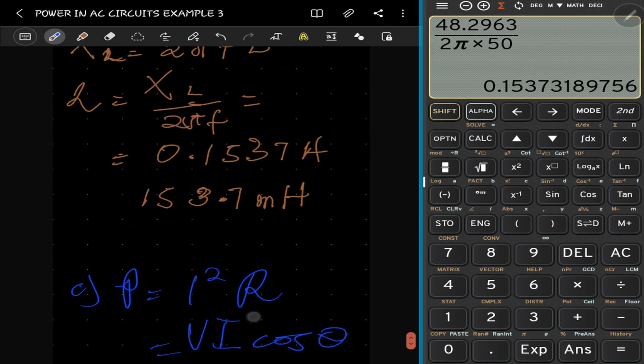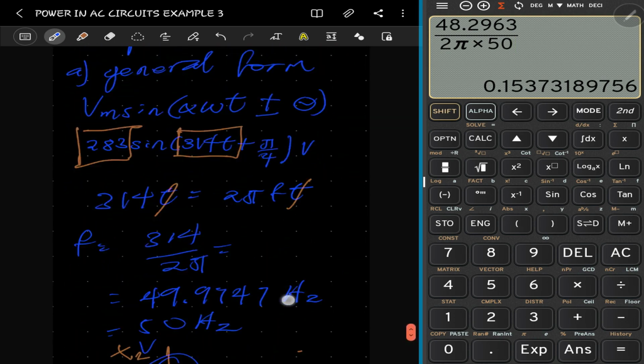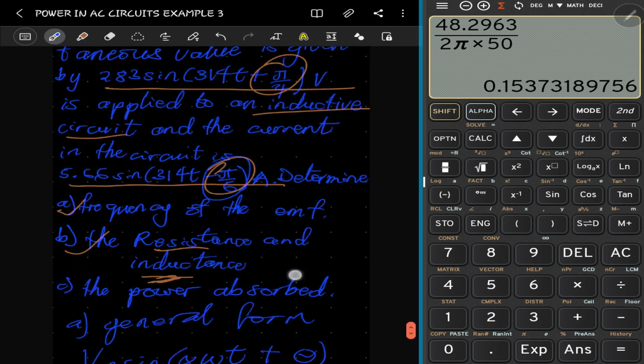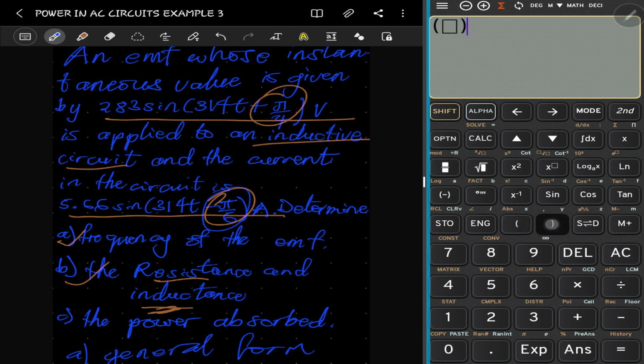So let's do it one by one. Let's do the I²R. What do we have for the I? I is 5.66, so you are using the RMS value: I² times R, with I as 5.66 on root 2. Why? Because you are using RMS values.